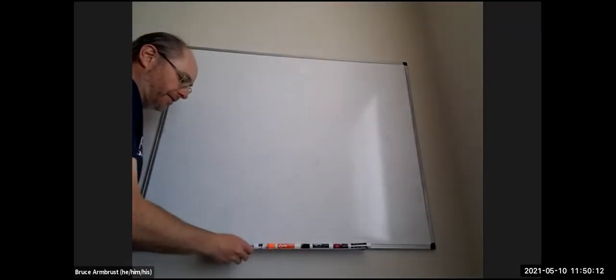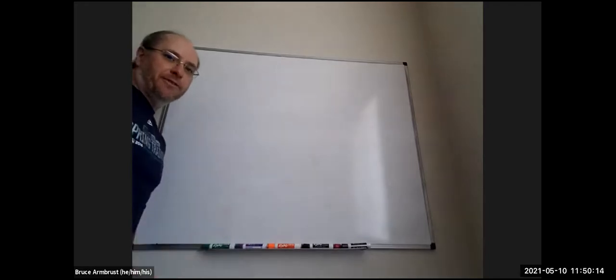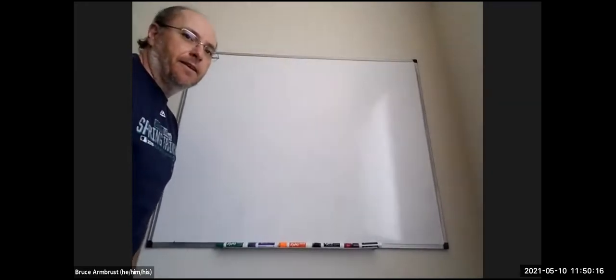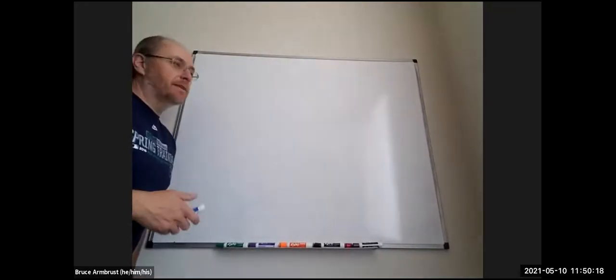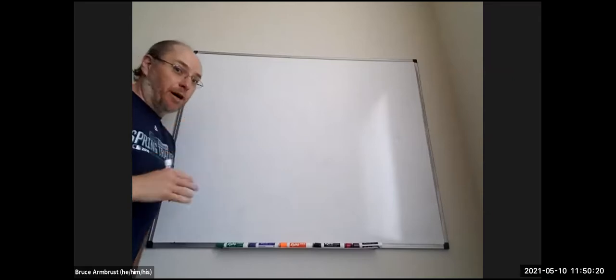All right, so again, just to remind you what we've seen so far in terms of identities. I'm just going to make a list. I'm not going to write them all out.